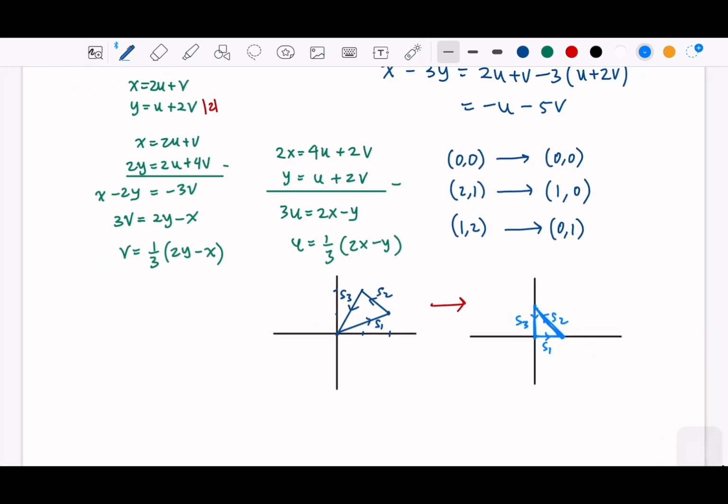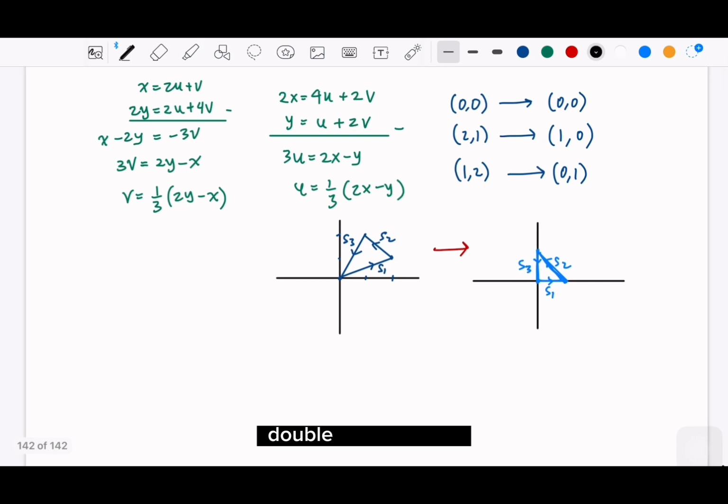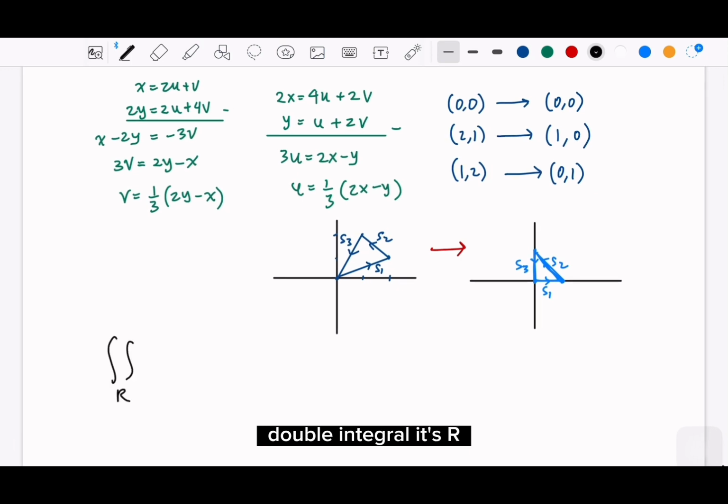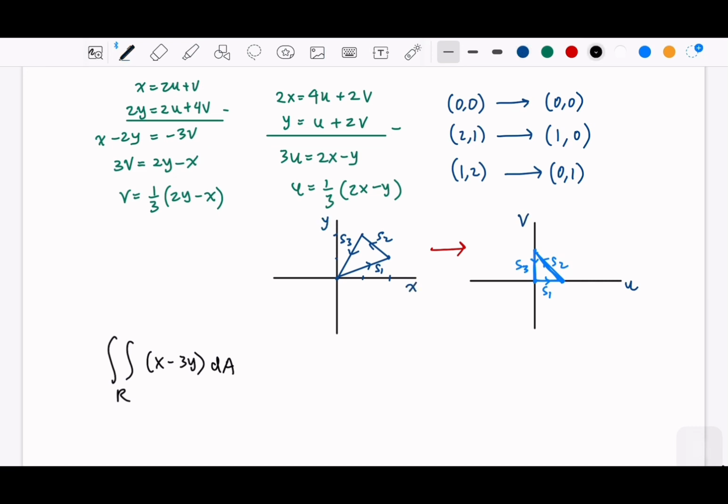Okay. And then what next is to change the double integral over R. And then let's say this is U, this is V, right? This is X, this is Y. This is 1. This is 0.